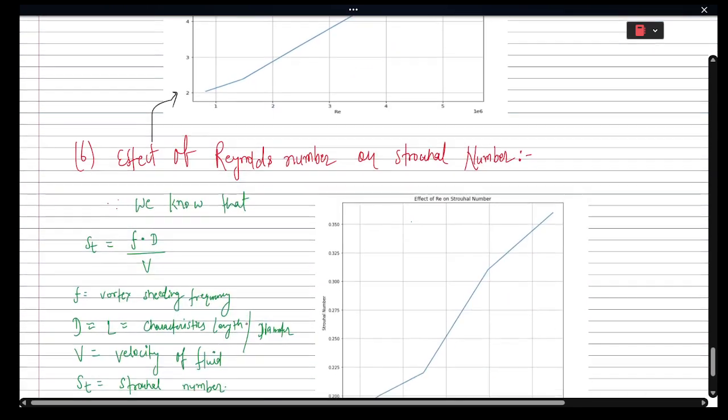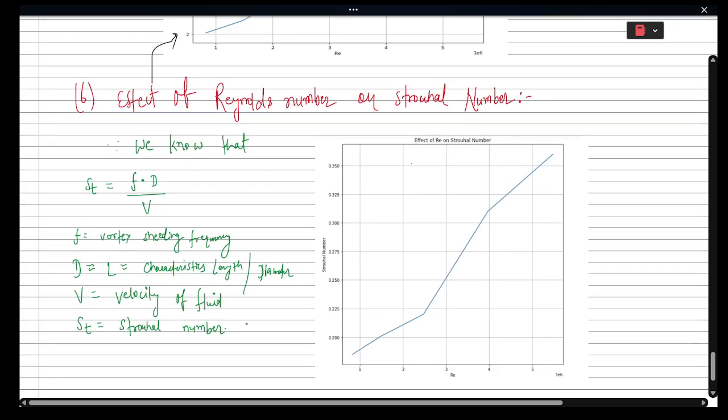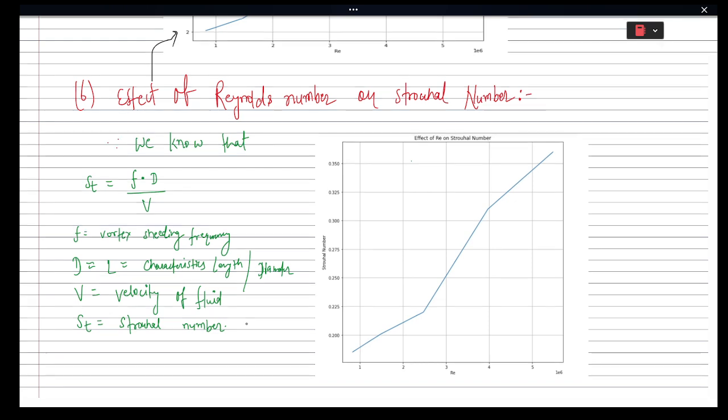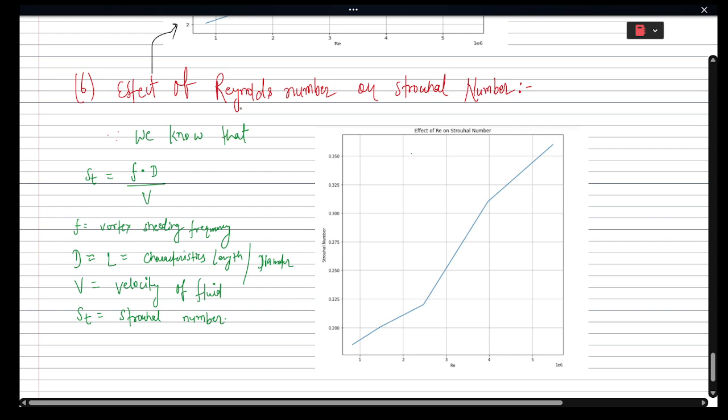Go to our last graph, the effect of Reynolds number on Strouhal number. The Strouhal number is related to the frequency of vortex shedding. Vortex shedding happens when the fluid separates behind an object, creating alternating swirling patterns.